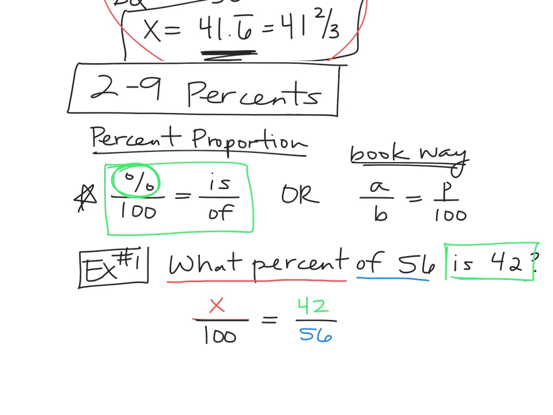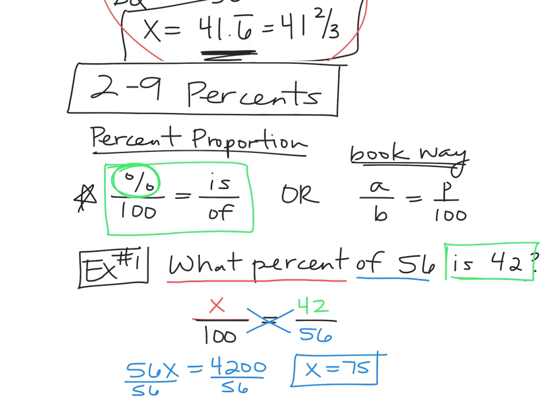What do you do to solve that? You cross multiply. So if we cross multiply this, I get 56x equals 42 times 100, which is 4,200. And then we're going to divide by 56. So 4,200 divided by 56 is 75.